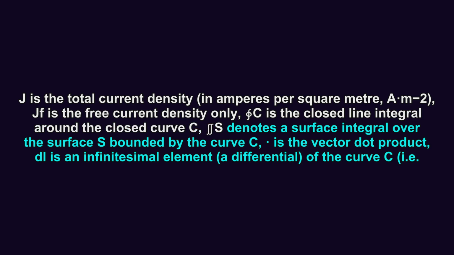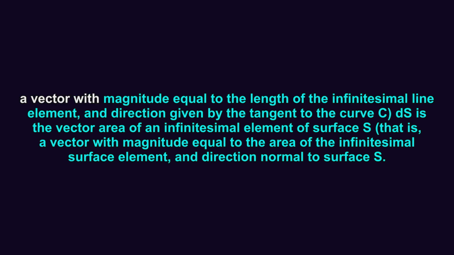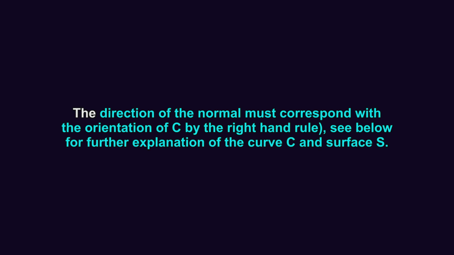The double integral over S denotes a surface integral over the surface S bounded by the curve C. The dot is the vector dot product. dl is an infinitesimal element, a differential of the curve C, i.e. a vector with magnitude equal to the length of the infinitesimal line element and direction given by the tangent to the curve C. dS is the vector area of an infinitesimal element of surface S. That is, a vector with magnitude equal to the area of the infinitesimal surface element and direction normal to surface S. The direction of the normal must correspond with the orientation of C by the right-hand rule.